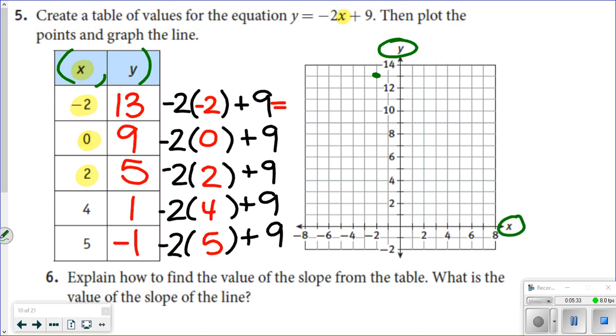Then we stay at 0, and go up to 9, right to +2, up to +5, over to +4, up to +1, right to +5, down to -1. Now, I want you to use a straight edge and connect these points with a straight line.